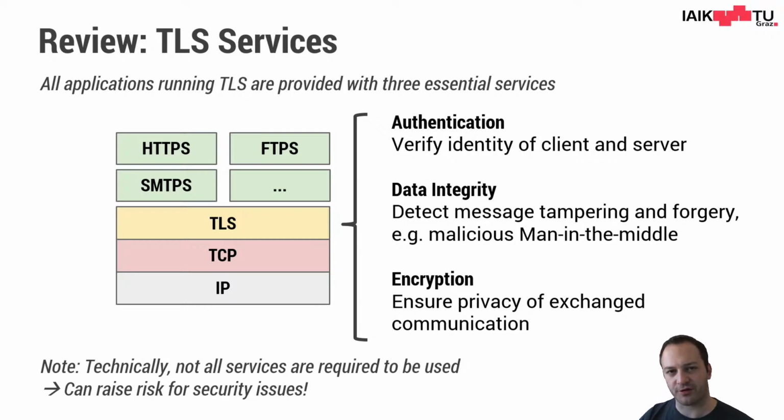First, let's start with a very, very quick review of what you've heard last time, because this has already been before the Christmas holiday. No, actually, it's been last week, but for better understanding, let's briefly recap this. You know that TLS actually goes in between the application layer protocols like HTTP, FTP, SMTP.